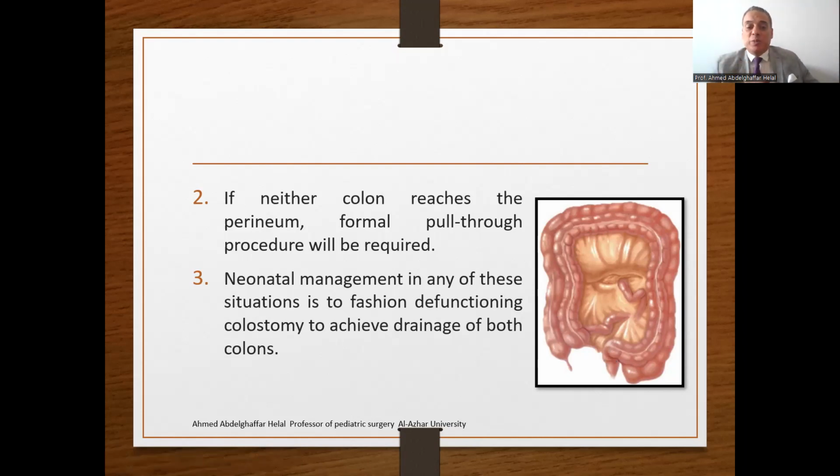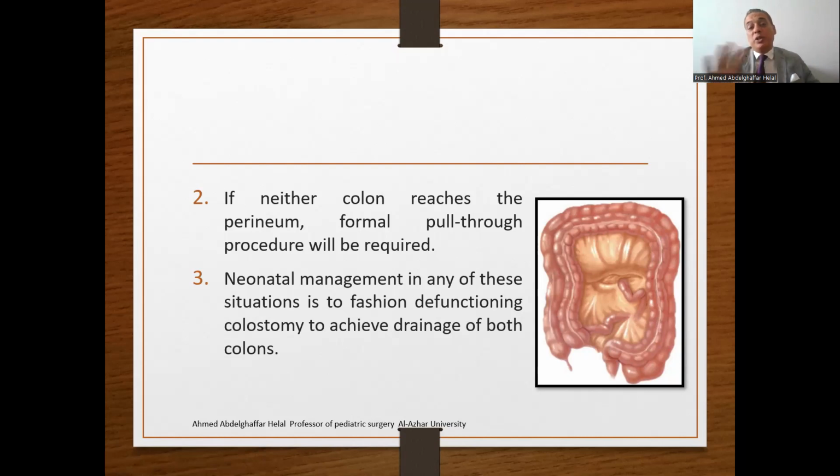The neonatal management of any of these situations is to fashion a defunctioning colostomy to achieve drainage of both colons. In the neonatal period, we may need to perform a colostomy draining both colons. So, if one colon reaches the perineum and the second doesn't, we can use a linear stapler to open both lumens together.